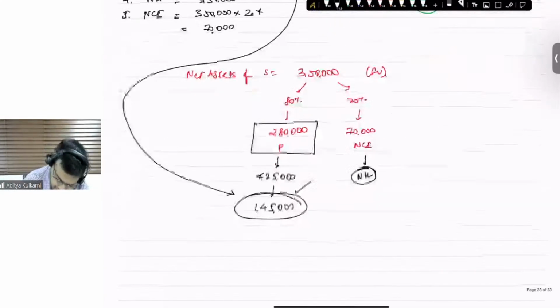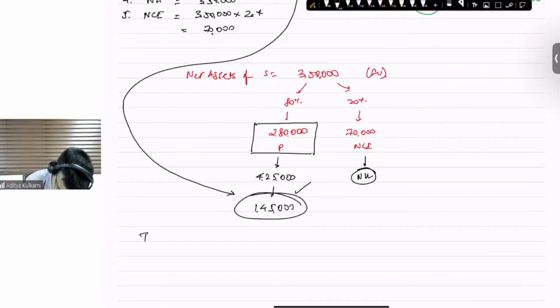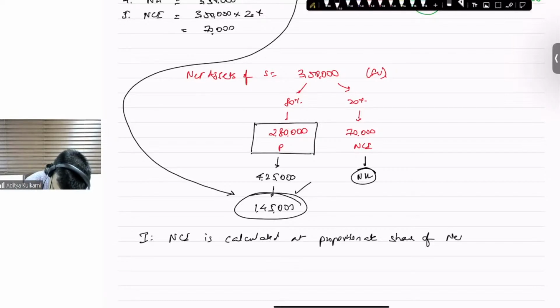So in the first step, in the first scenario, NCI is calculated at proportionate share of net assets of S. NCI is calculated at the proportionate share of net assets of S. If this is done, then you will get some goodwill.